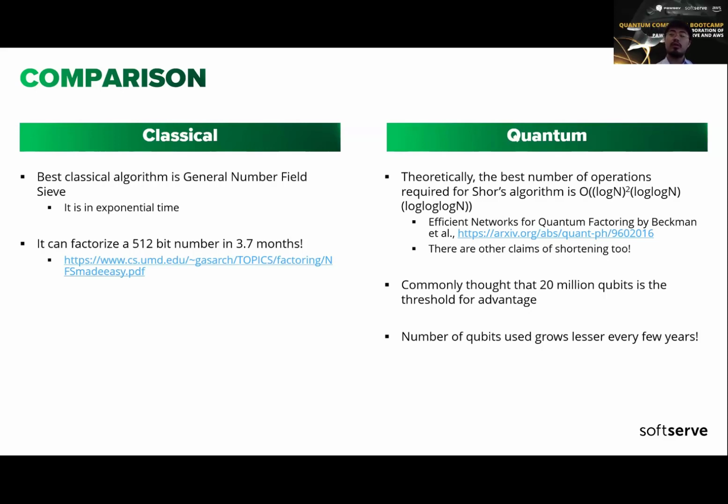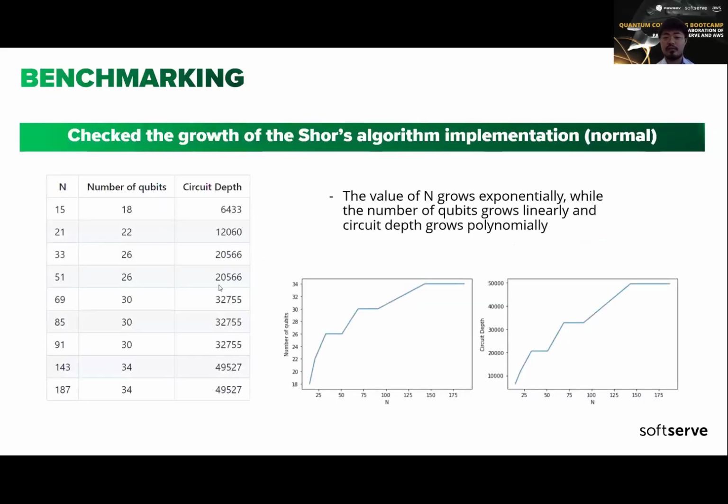And so even though Shor's algorithm would not provide any advantage in the short term, because one, we don't have the hardware, all our devices right now are noisy, which is going to be a huge problem because you see that the circuit depth over here grows polynomially, like 50,000, even just for n is 187 over here. Having a circuit depth of 50,000 is basically a one-way road, making sure you have nothing but noise at the end of the day.